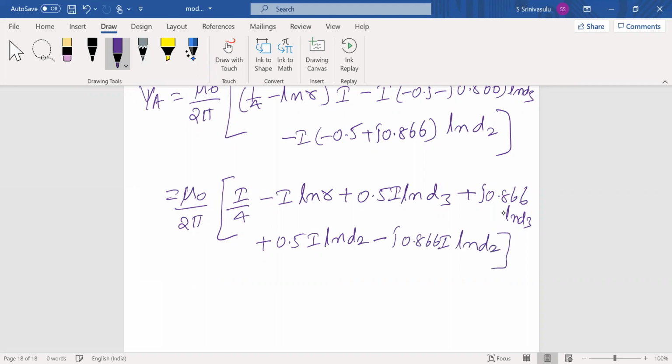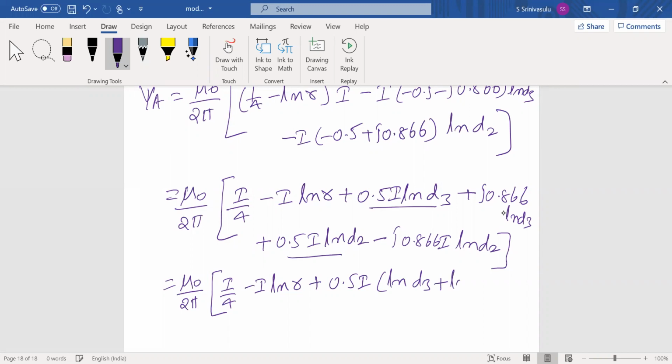Finally, we write mu naught by 2 pi times I by 4 minus I into ln of r, plus 0.5 I is common, ln of D3 plus ln of D2, where 0.5 is common.